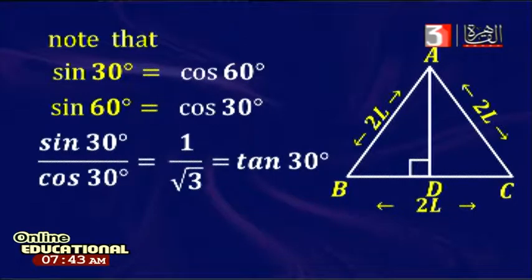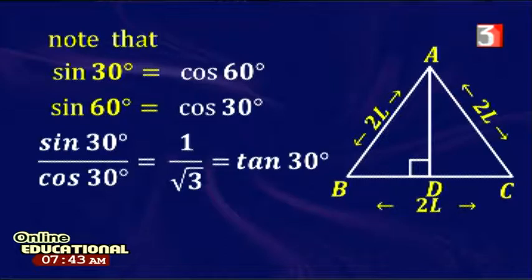Then, if you divide sine 30 by cosine 30, you are going to obtain a result of 1 over root 3, and 1 over root 3 is exactly the same as the ratio of tan 30. So, did you notice? Sine 30 over cosine 30 equals tan 30.